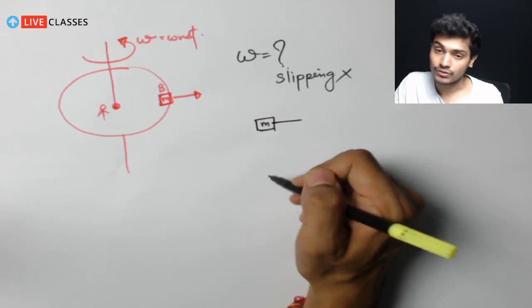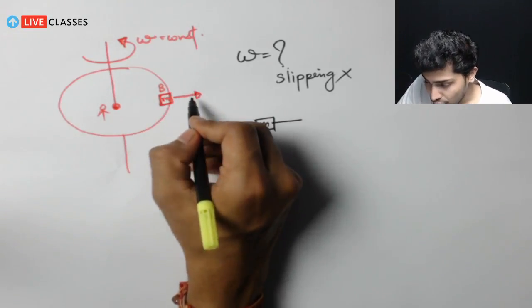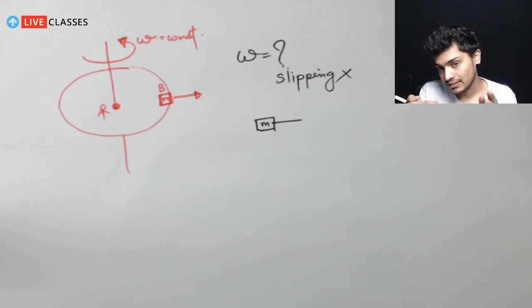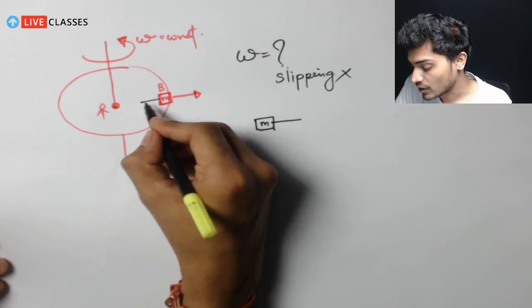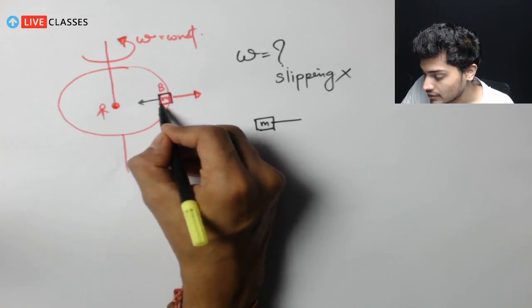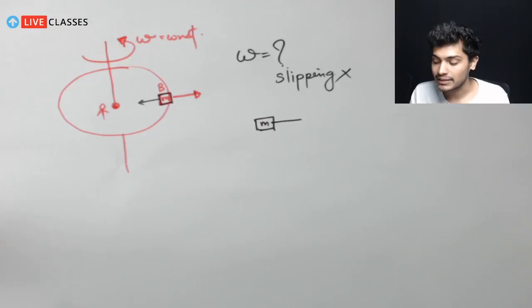The body has a natural tendency to get thrown away in the radially outward direction. So what will be the direction of friction here? Friction will act towards the center, so that the body will be at rest and there would not be any slipping taking place.